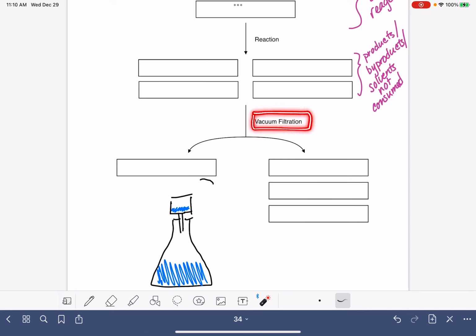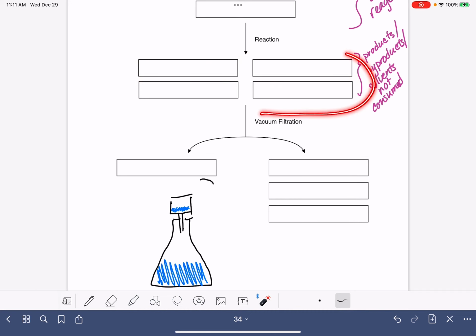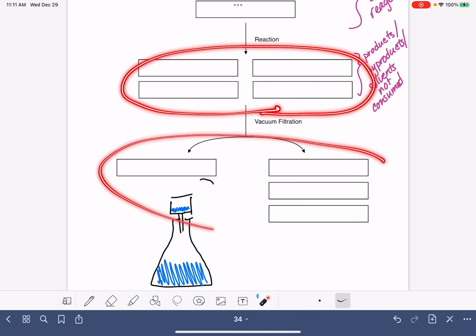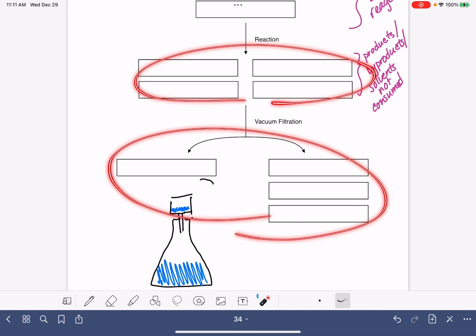This is not a chemical reaction, so nothing is being converted during the filtration process, meaning that whatever you write in this box needs to show up in one of these boxes down here, and whatever you write in this box, same thing. You can't have any different substances as you move from these 4 boxes down to these 4 boxes.